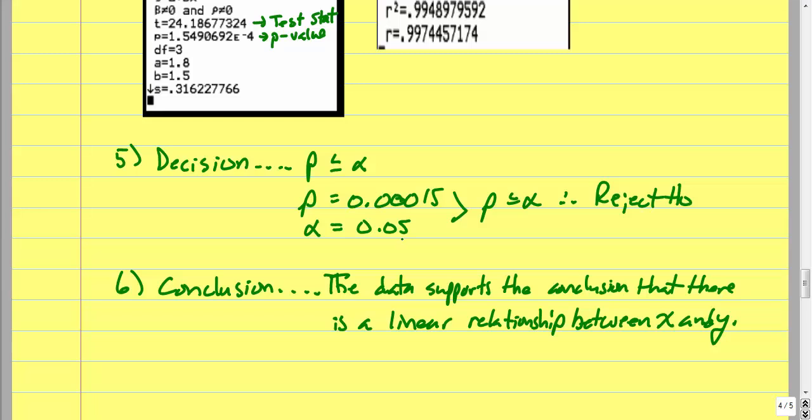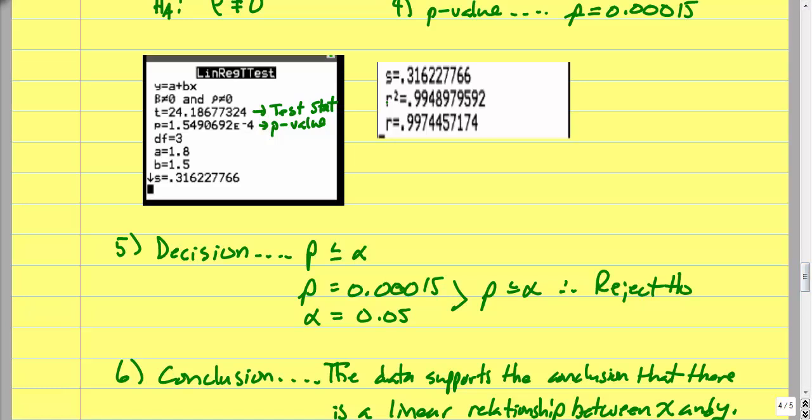Now if you were asked to use the critical value approach to this, then what you would do is you would go off of my R value and compare that to the critical values from the table that is in my MyMathLab. So this is the sample correlation coefficient that's given. So whether you're asked to use the p-value approach or the traditional approach, you're always going to go back and use this linear regression t-test to get your information.